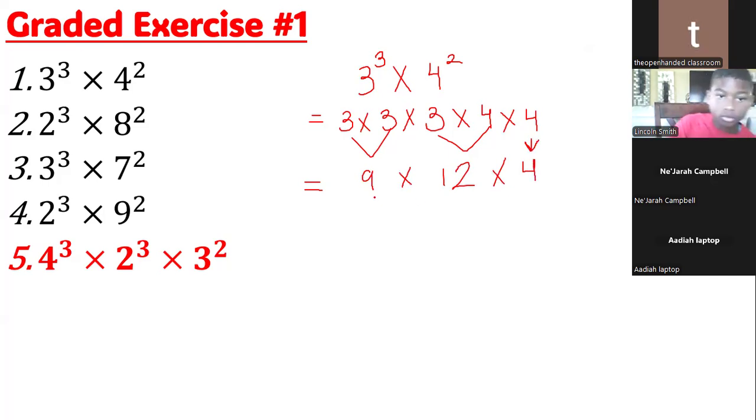What is 9 times 12? 9 times 12 is 108. Very good. Multiplied by what? Multiplied by 4. Yes, we bring down the 4. And what is 108 times 4?